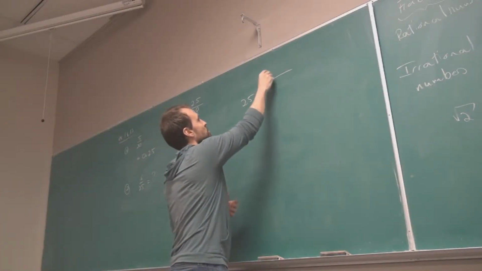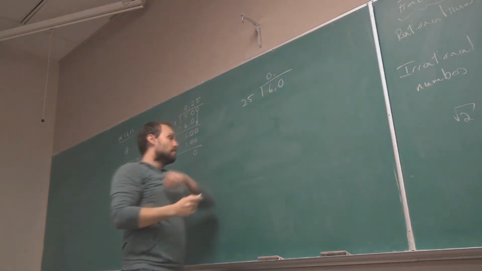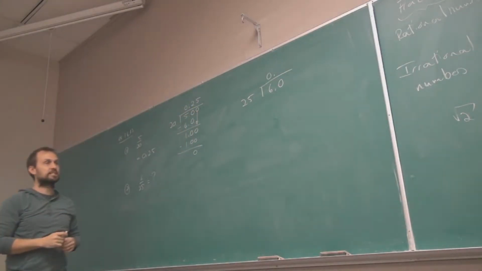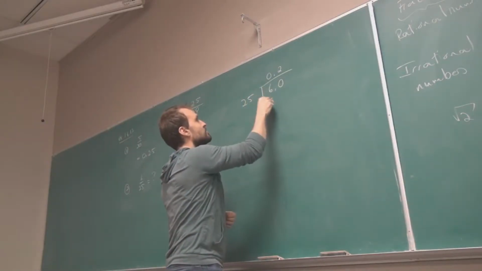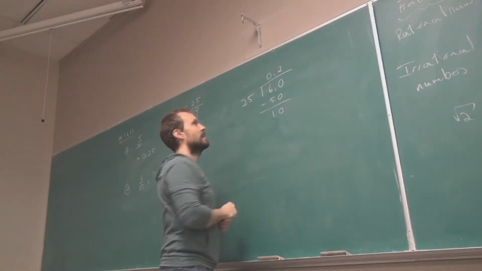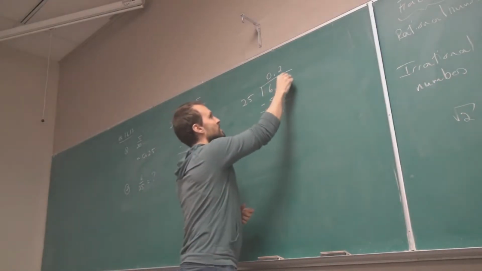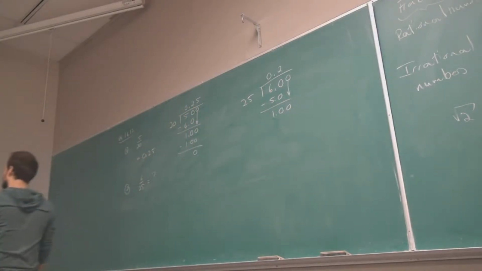25 goes into 6? No. But maybe 60. 25 goes into 60 twice. And I've used 50. Take it away. I have 10 left. That's not enough. Bring down another 0. This they do early.